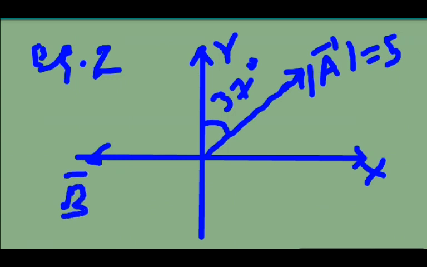This is vector B, and its magnitude is 10.